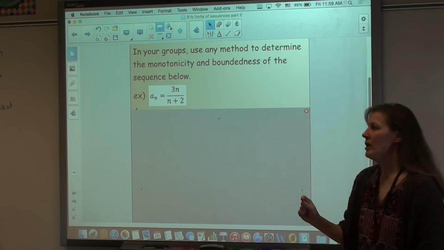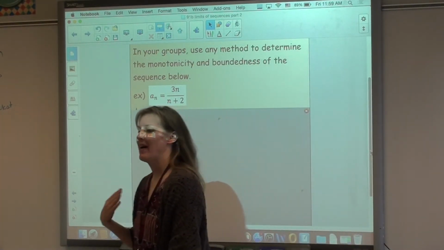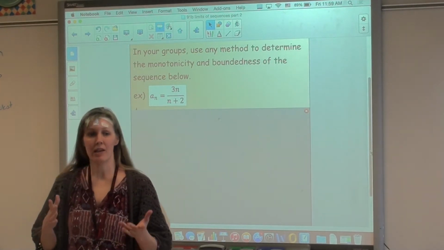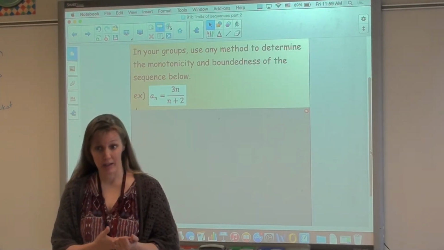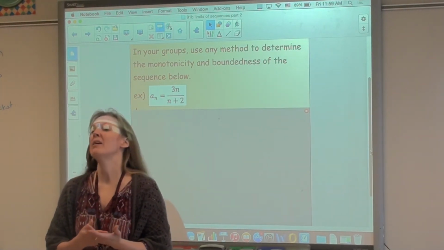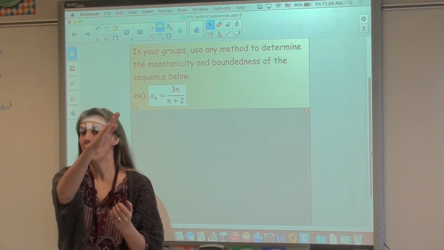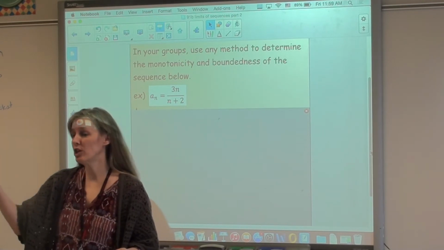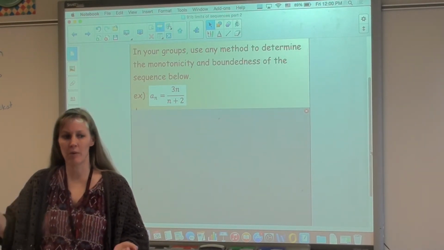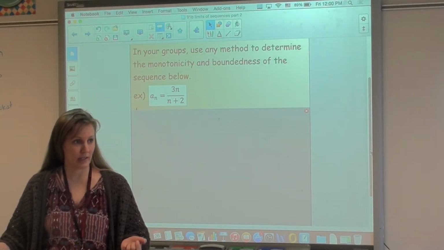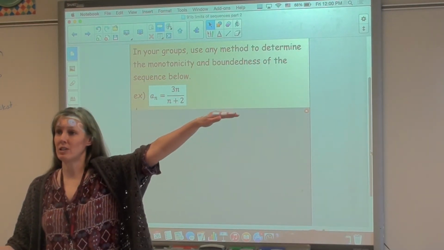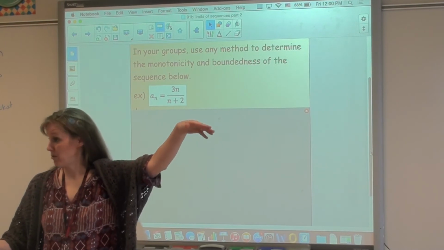By the way, when you're talking about finding bounds, there's a little trick to know. If the function is monotonic, then that means that it's always going up or it's always going down, which means the first term has to be an upper or a lower bound. And then the infinity term would have to be the other bound.